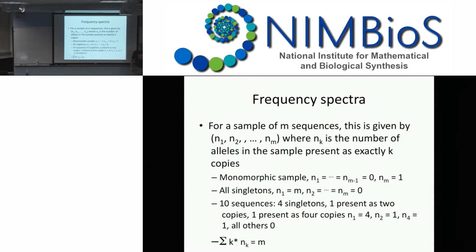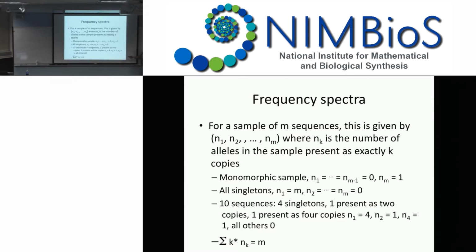If everyone is a singleton, that is, I look at that locus and basically everybody's got a different copy, then I've got M times it appears as only one allele.